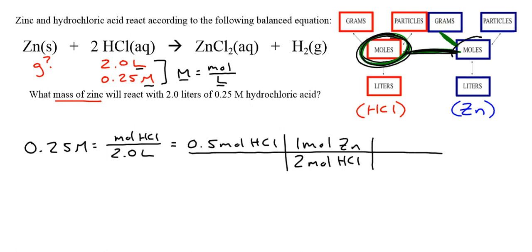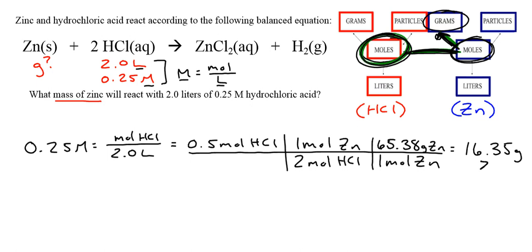Now I'm at moles. I need to get to grams. And how do I do that? I utilize the molar mass. So it'll be 1 mole of zinc, and then 65.38 grams of zinc. We calculate that all out. We get 16.35 grams of my zinc.